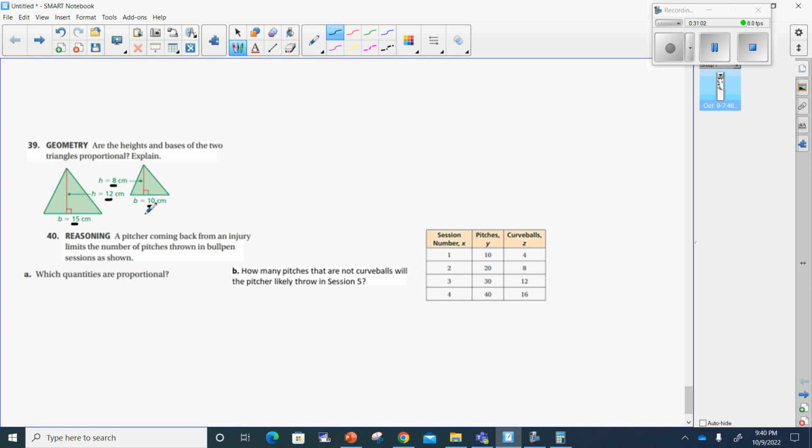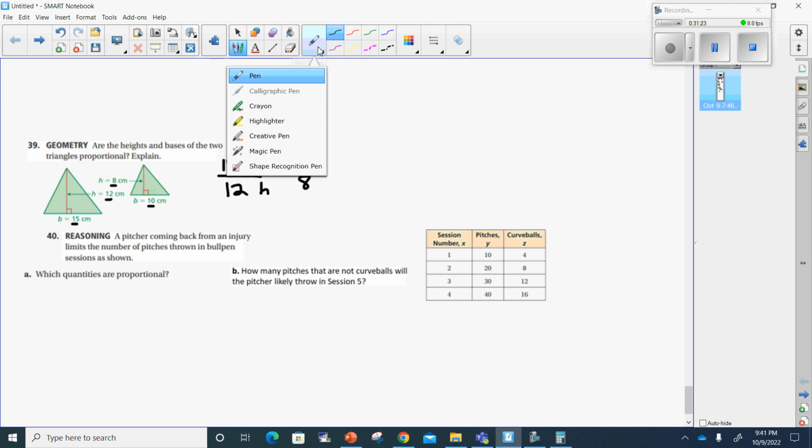So let's compare this. When my base is 15 on this one, my height is 12. When my base is 10 on this one, my height is 8. Are these proportional?